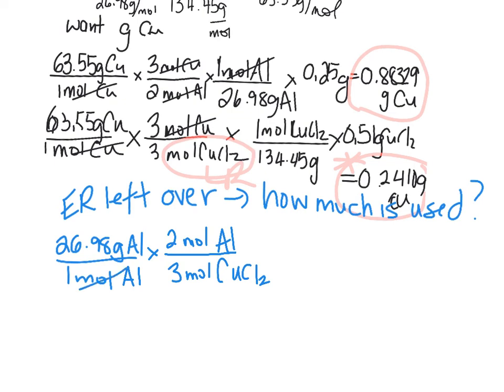So I've just gotten rid of moles of aluminum, but now I'm stuck with moles of copper 2 chloride. But I know my molar mass of copper 2 chloride. And I know that I had how much copper 2 chloride?